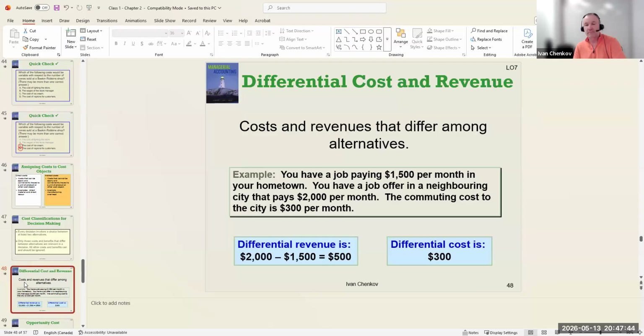But additional cost for me will be $300. From the additional revenue, once I deduct the additional cost, is there anything left for me?